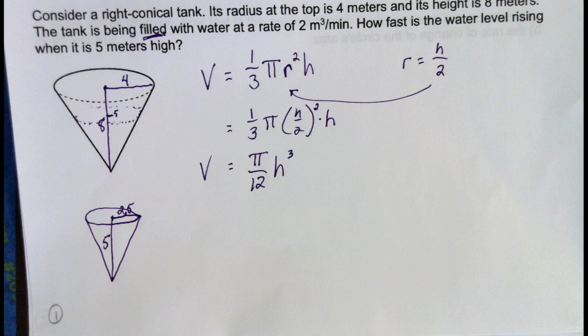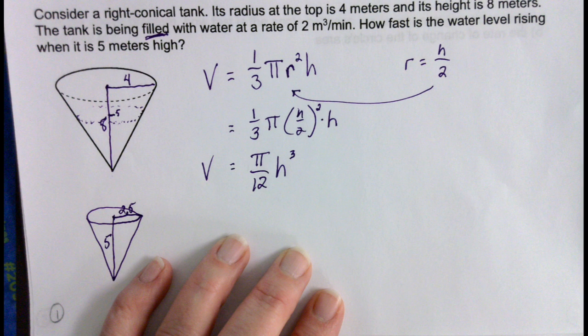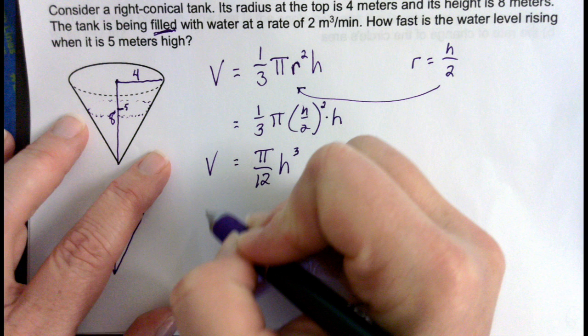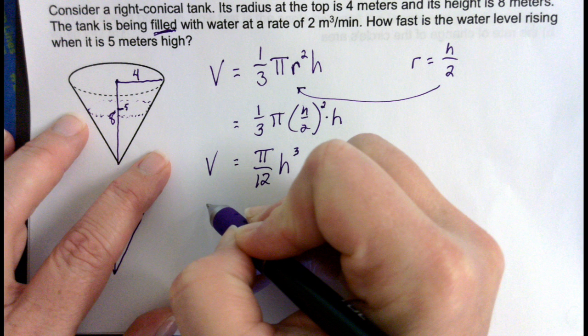So I don't have a product rule going on here. This is just a constant. So 3 pi over 12 H squared times dH/dt.